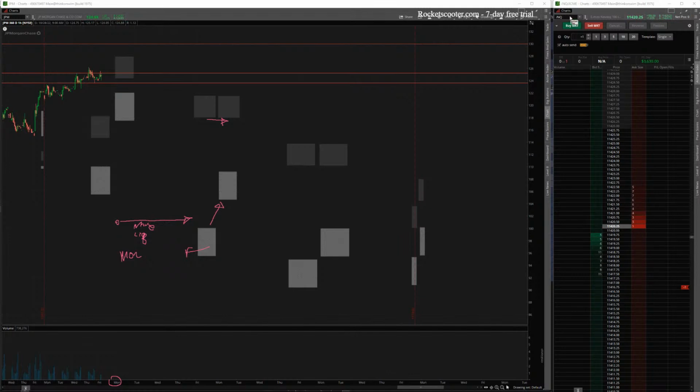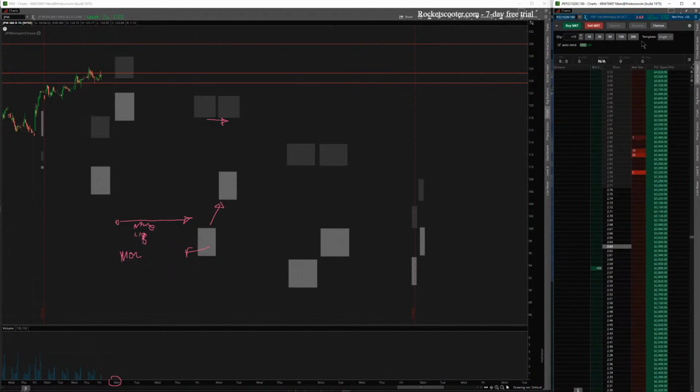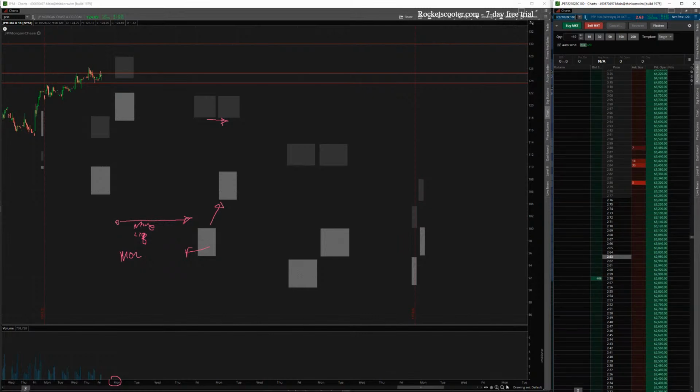Let's watch my Pepsis real quick. They do expire today. Nice little runner on these guys. Pepsi's moving, 182. Let's map out Pepsi real quick because they expire today, so I might as well just take profit on them.